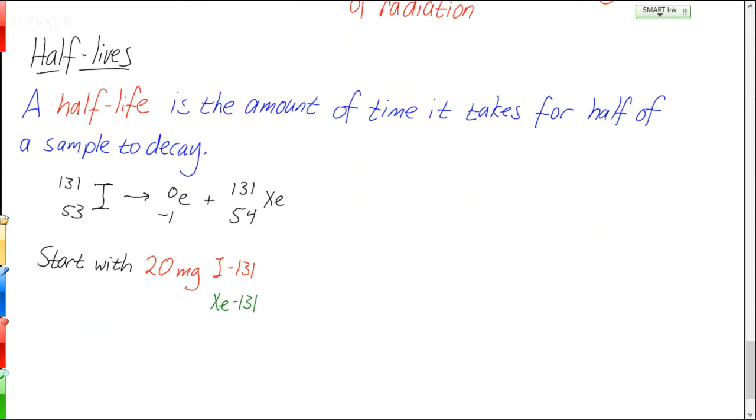If you start with 20 milligrams of iodine 131, how much xenon is there at the beginning of the reaction? There's 0, right? Because that's a product and none has formed yet. So at the very beginning, you start with 20 milligrams of reactant and 0 milligrams of product.